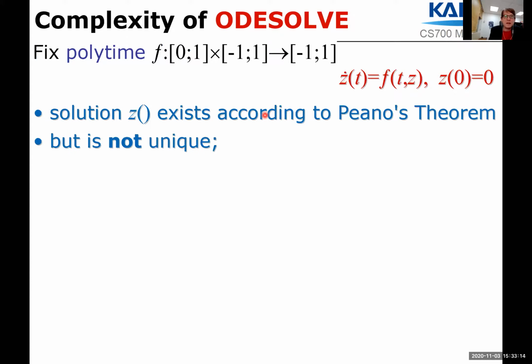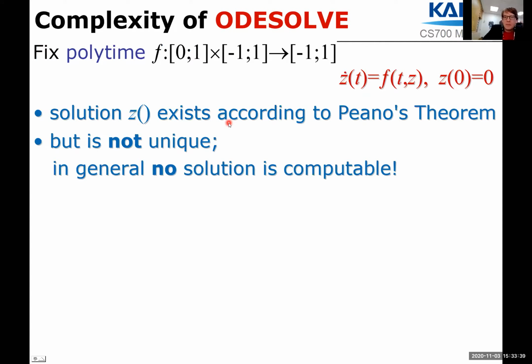And there's a famous construction by Marian Pour-El and Ian Richards that says, in fact, there's a computable, even polynomial time computable right-hand side, such that there exists a solution according to Peano. There exist many solutions, they're not unique, and none of them are computable. That's a pretty surprising statement, right?